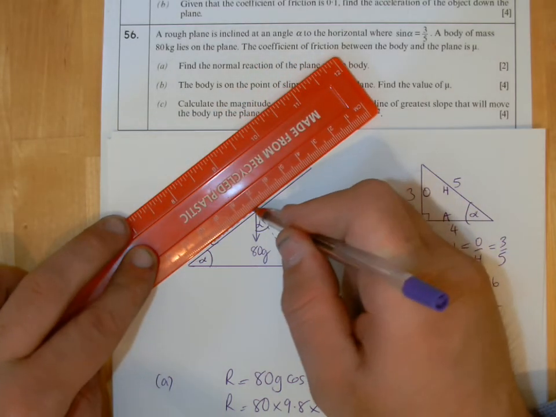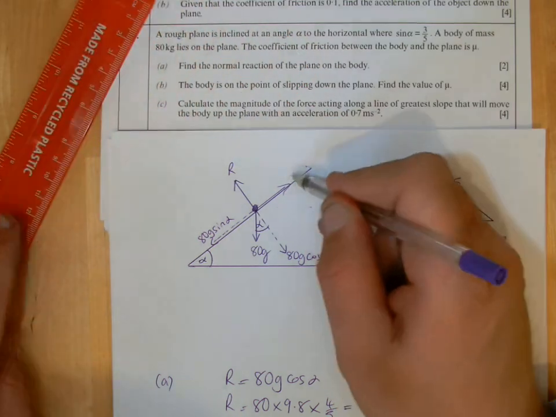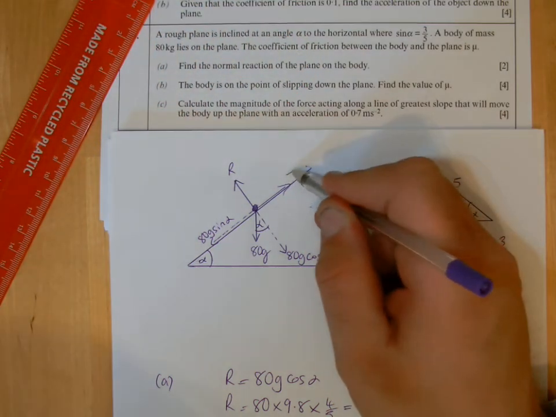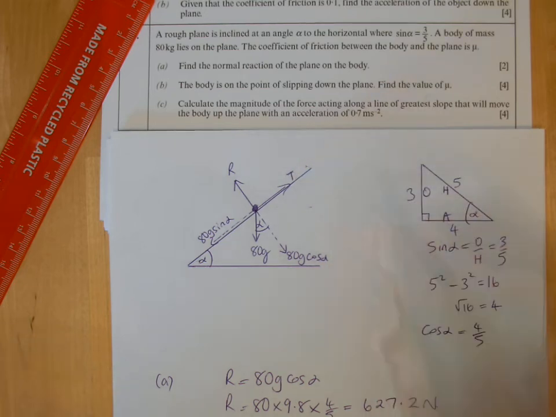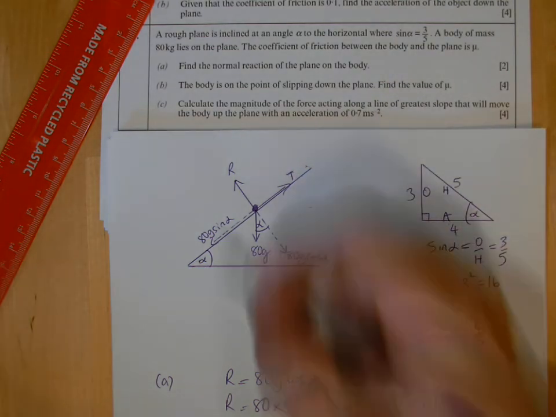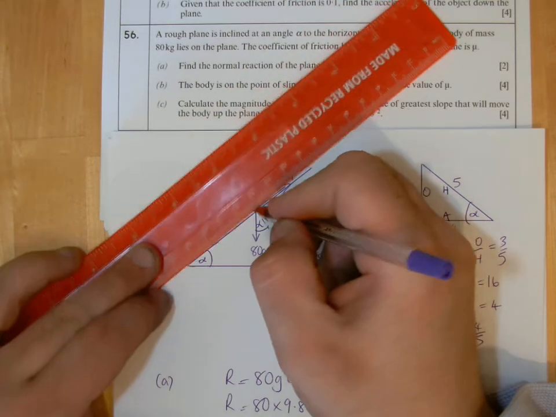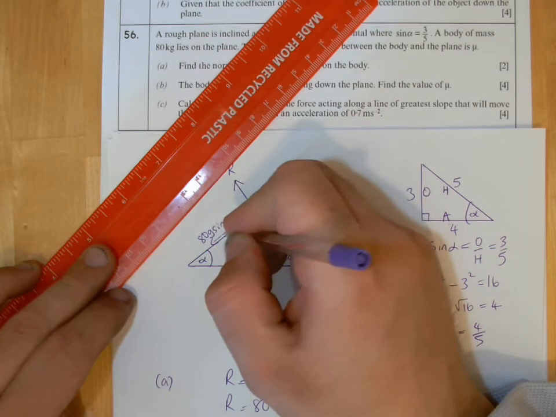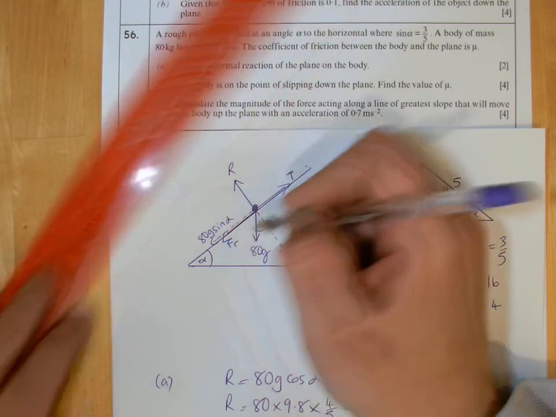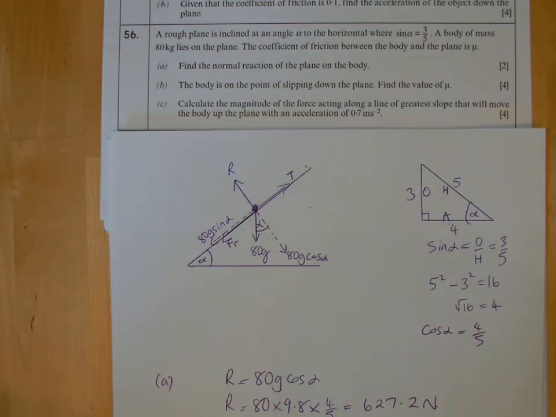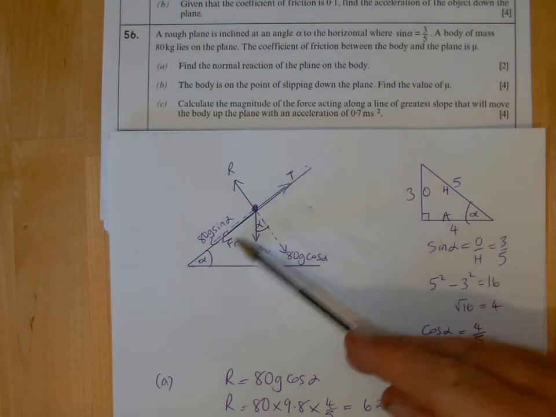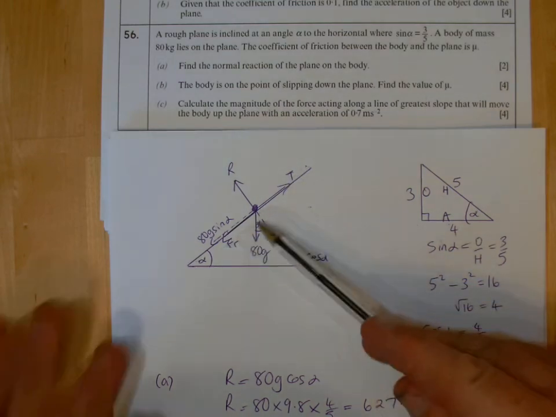Now if it's pushing it up and it will move up, we'll call this force T. Well, of course then friction will be acting down, going the other way, because ultimately we've got the object going up the hill.